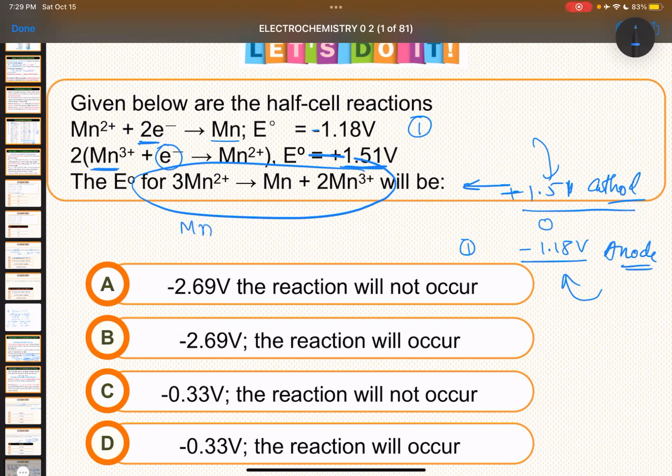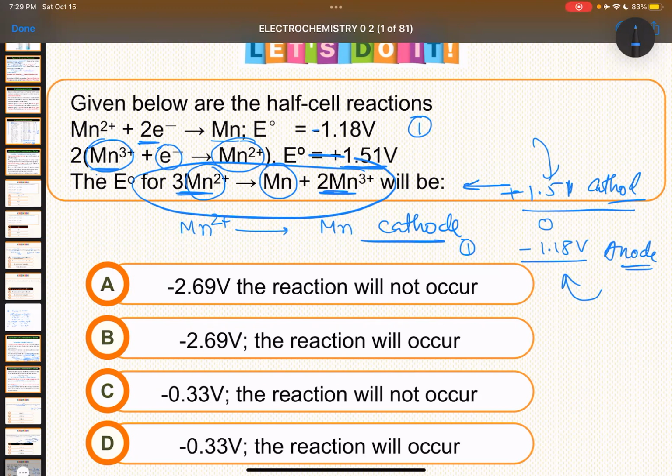So Mn2+ is taken, Mn2+ is changing to Mn, right? This one. This Mn2+ takes 2 electrons and is changing to Mn. So this is getting reduced, so this is the cathode. In the equation, this is taken as the cathode. And Mn2+ is changing to Mn3+. Mn3+ is given on the right hand side.